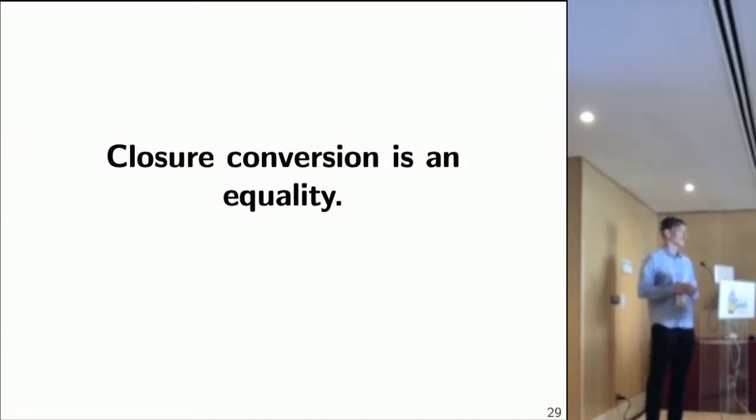There's other work beyond polarity, by Paul Downen and Zena as well, which is a similar idea where you have three different kinds of types and then shifts in between them. And that's how you can preserve all the equational theory of call by push value, but then add in this extra sharing. So it's a conservative extension to call by push value. We didn't have to change any of the laws, which was nice.